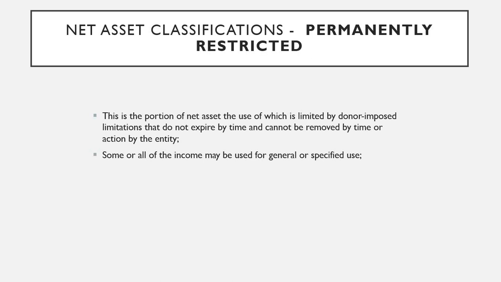Some or all of the income may be used for general or specified use. Although the resource itself is permanently restricted, if it earns income, that income can be used by the entity for general or specified use.